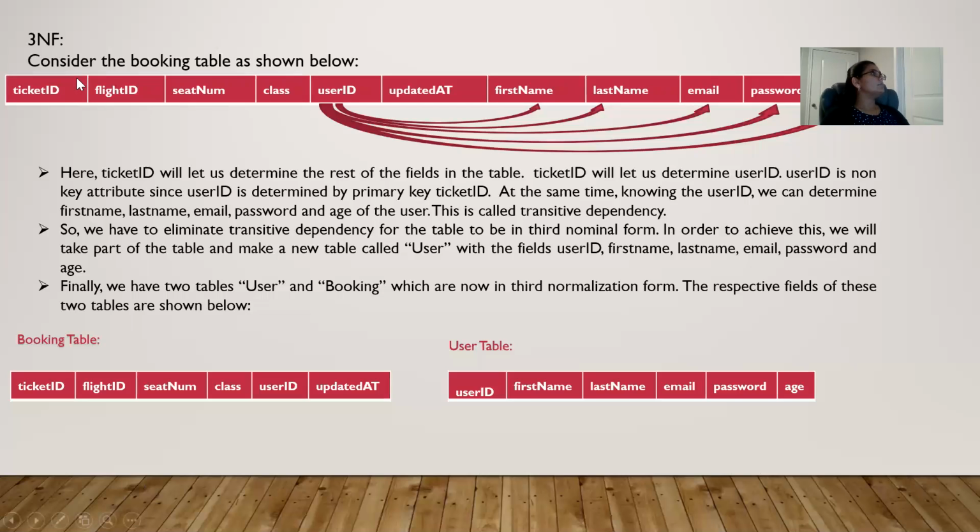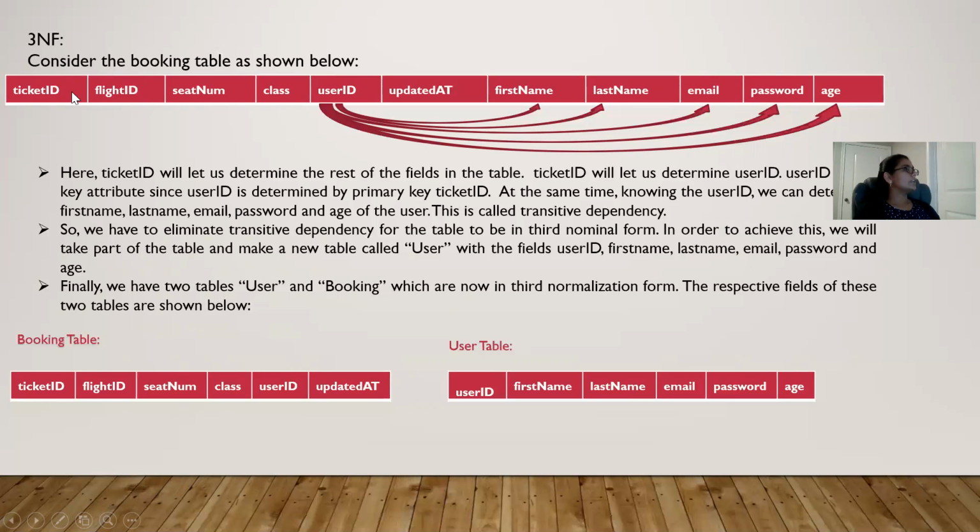So consider the booking table as shown below. It has multiple fields. So these are the fields in the booking table initially. So here ticket ID is the primary key. And if we know the ticket ID, it enables us to determine the rest of the fields in this table.